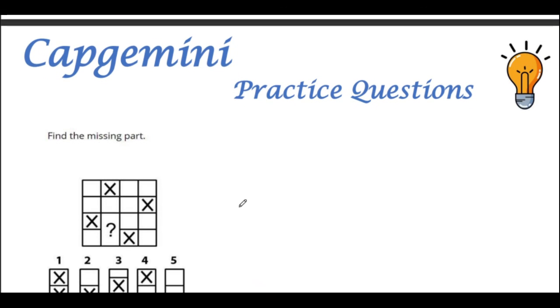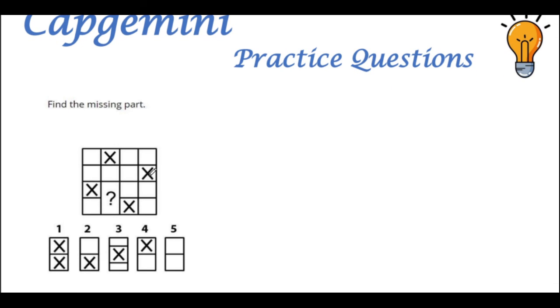So it's another question, find the missing part. We have to analyze the image, in this portion this is the question mark where we have to find what will come here. If you can see, this row contains a cross, this contains a cross, this contains a cross, meaning each row contains a single cross, which means this should be empty and this should be empty.